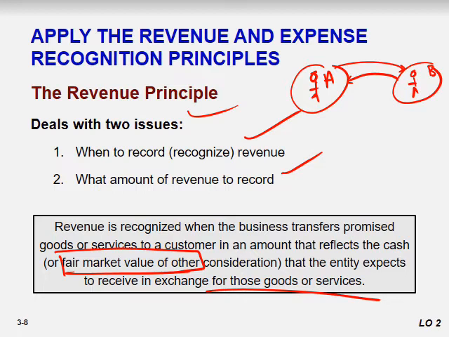For example, the goods that Miss B sent to A were worth $100, but since A is the husband of B, he said no, I'll pay you $10,000 for these services or goods that you sent me. So in order to avoid this kind of fraud or embezzlement, that's why the revenue recognition principle includes fair market value of other consideration as well.